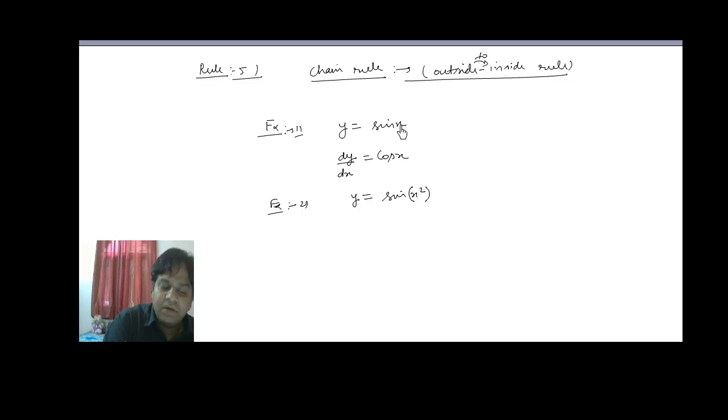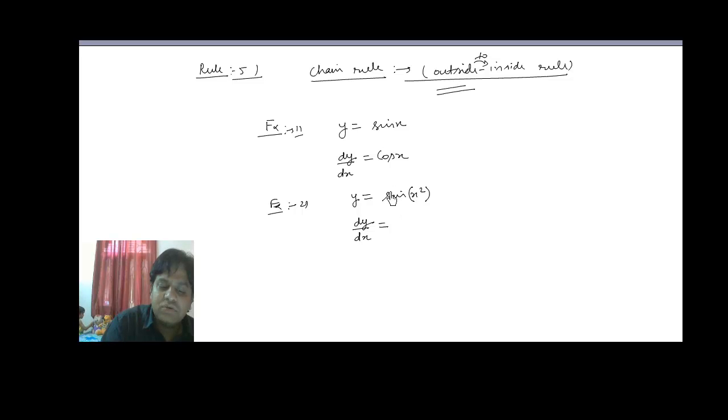Here it was sine only x, but here it is sine x square. So I'm just putting this x square within the brackets. Now I'll read it as sine bracket. Now if I'm asked to differentiate y is equal to sine x squared, then I'll simply follow the outside to inside rule approach, right?